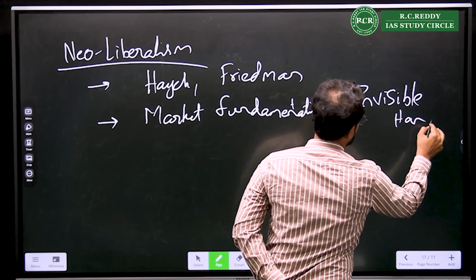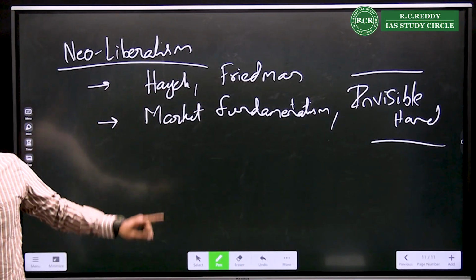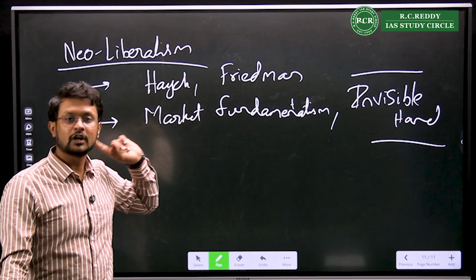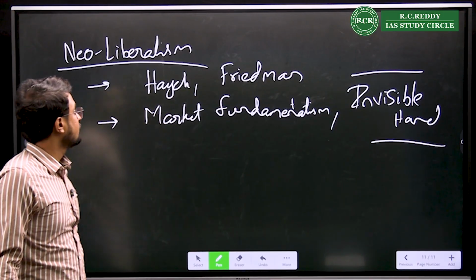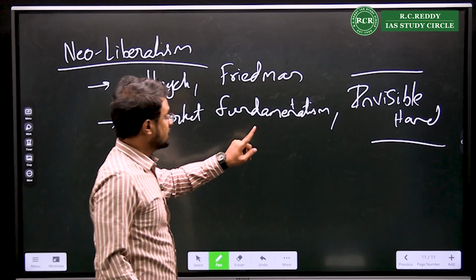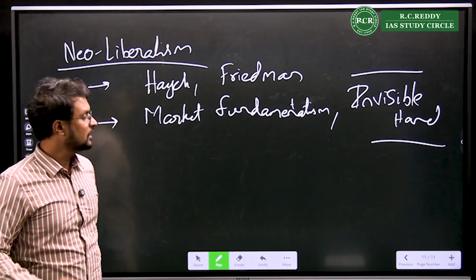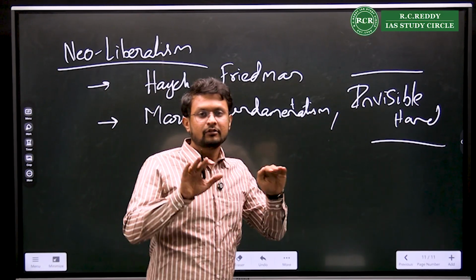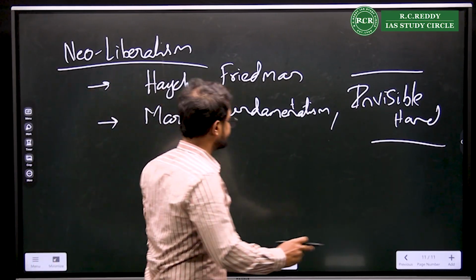That means the inequalities in the state are set right by the invisible hand of the market, and the state need not intervene, is what their concept is. They call for market freedom or market fundamentalism, and they give the concept of invisible hand theory where it corrects the different inequities.